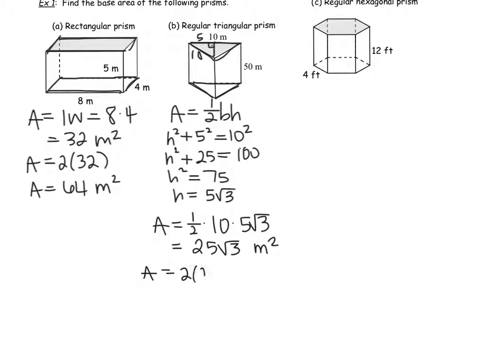So we do 2 times 25 square root 3, and we get 50 square root 3 meters squared. Now, it's going to be nice to have an approximation of what that number actually is. So 50 square root 3 is 86.60 as a decimal. So the area of our triangular bases is about 86.6 meters squared.